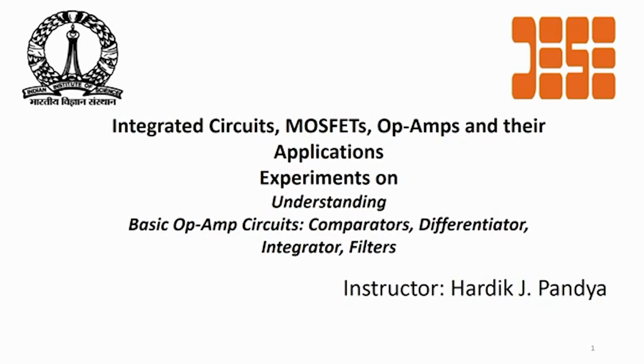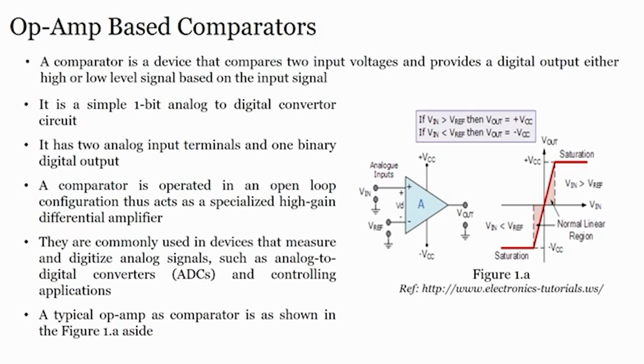So, if we go to the first slide of this module, we want to use op amp based comparators. We have already understood in the theory class what a comparator is. Let us refresh.